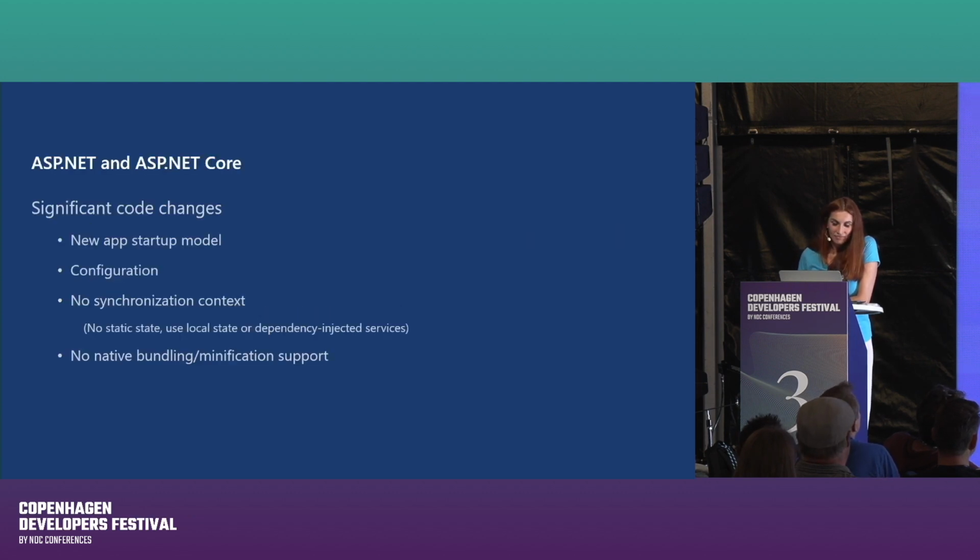Now, for ASP.NET, the situation is slightly different. It usually requires significant code changes because there is a huge difference between ASP.NET and ASP.NET Core. There is a new app startup model, configuration, and so on. For this one, you can use Upgrade Assistant, but Upgrade Assistant does slightly different things.